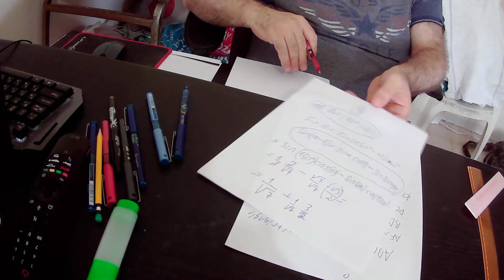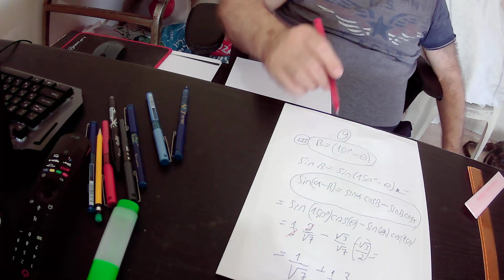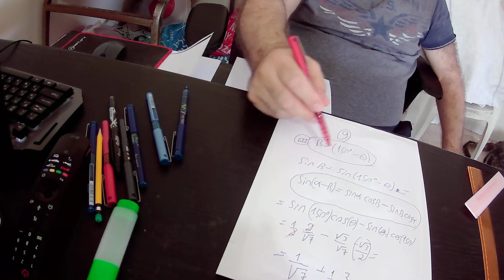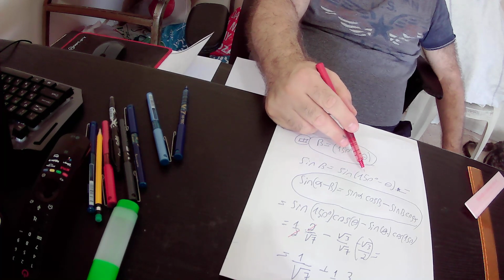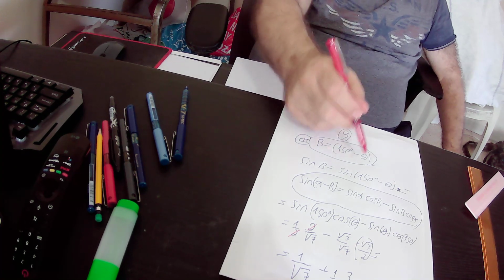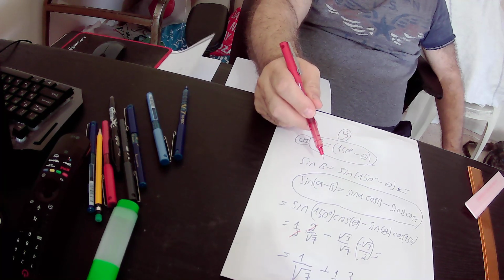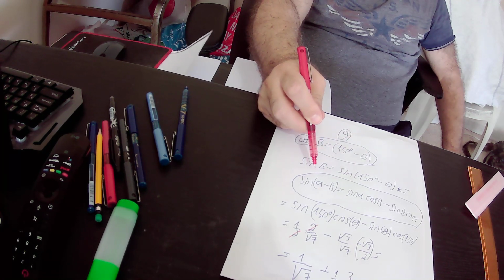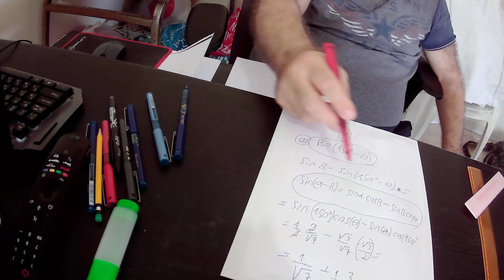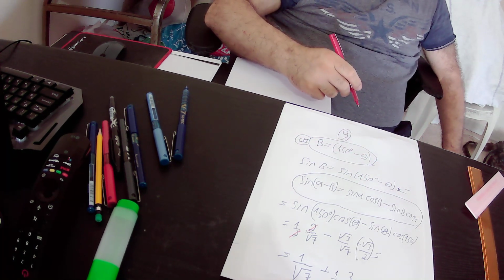and we have already found out that the value of beta equals 150 degrees minus theta. If beta equals 150 degrees minus theta, then sine beta equals sine of 150 degrees minus theta. Okay, and we found the value of sine of 150 degrees minus theta according to the second trigonometric identity that states that the value of sine of alpha minus beta equals sine alpha times cosine beta minus sine beta times cosine alpha.